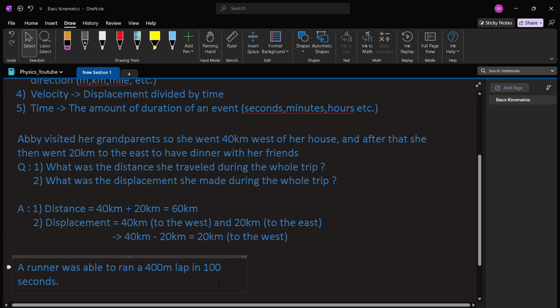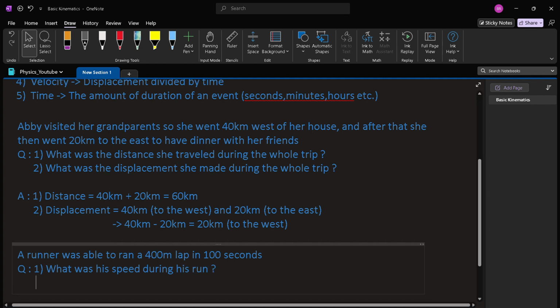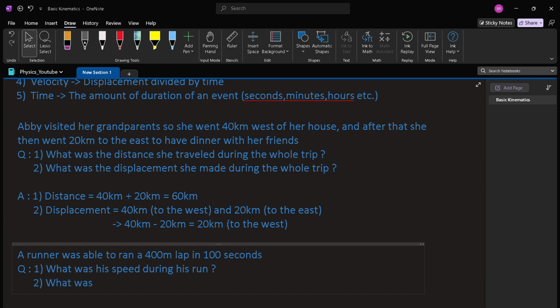The questions for this problem are, number one, what was his speed during his run? And number two, what was his velocity?